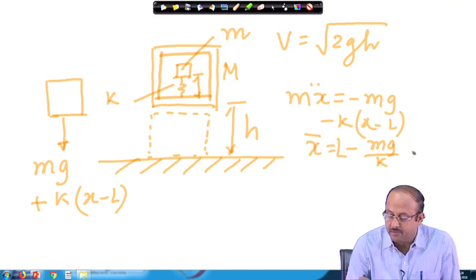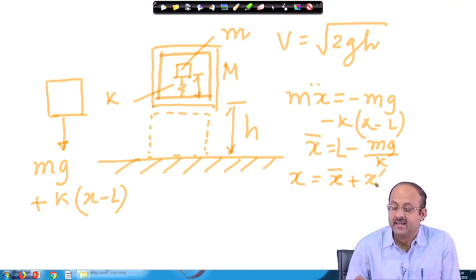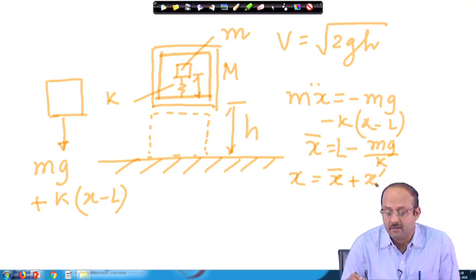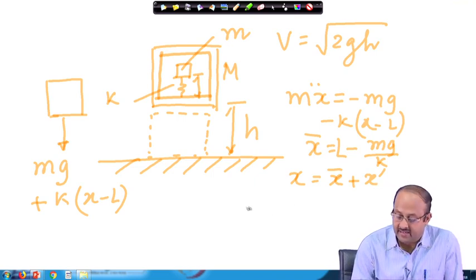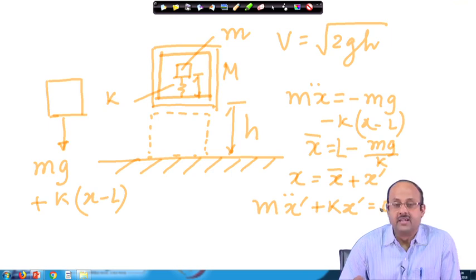If you consider the displacement around the equilibrium position, that is x dash, then the equation of motion around the equilibrium position can be written as m x dash double dot plus k x dash equal to 0.